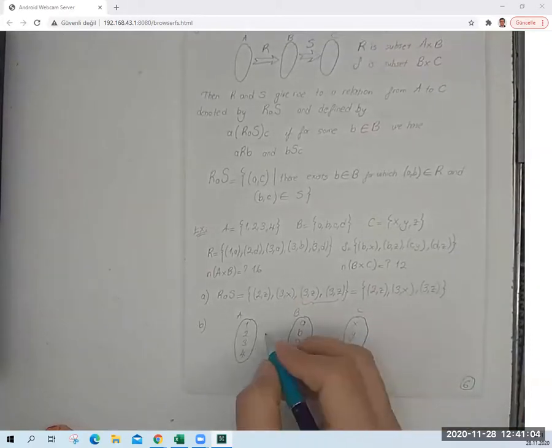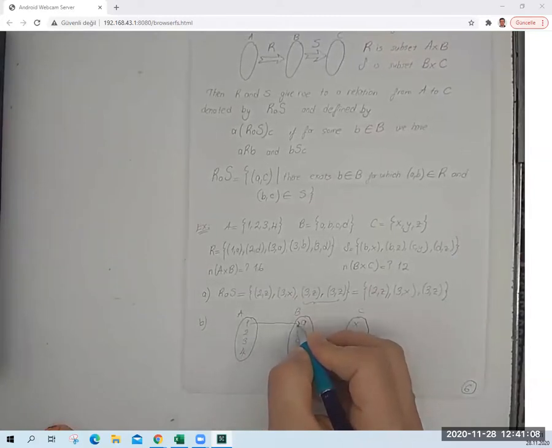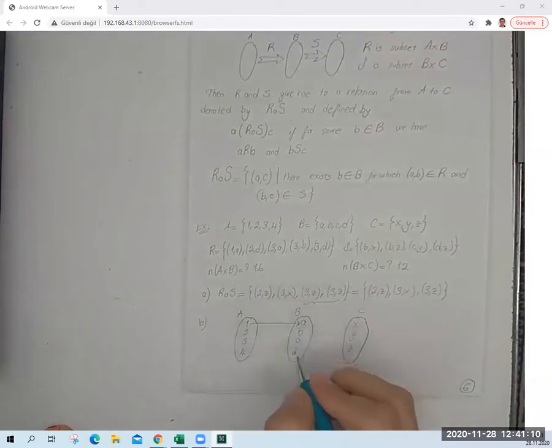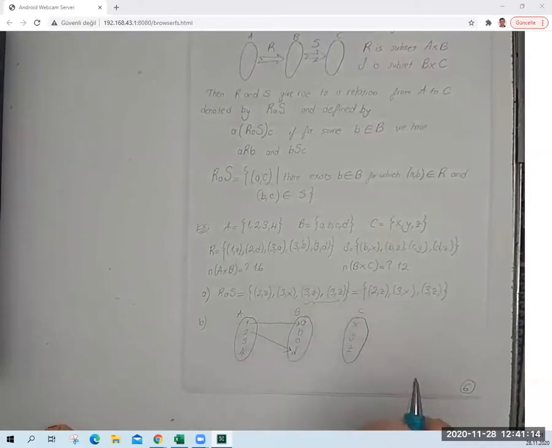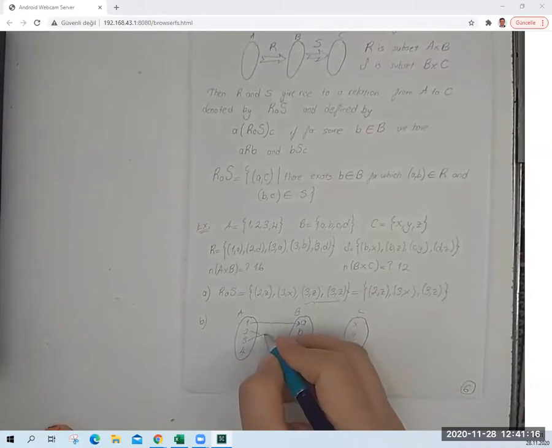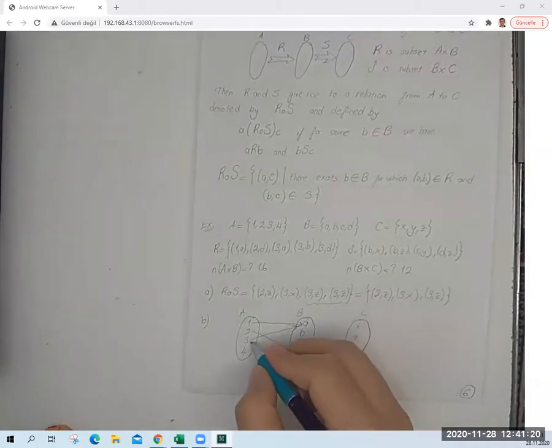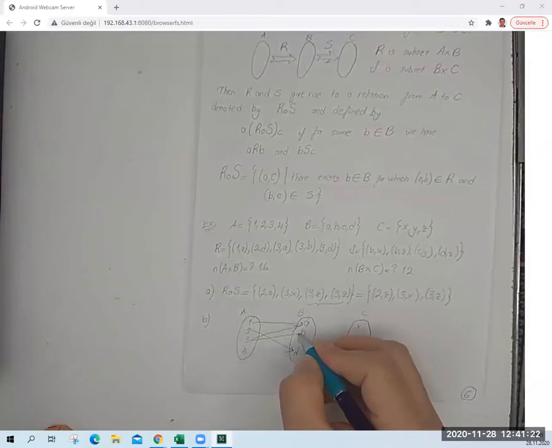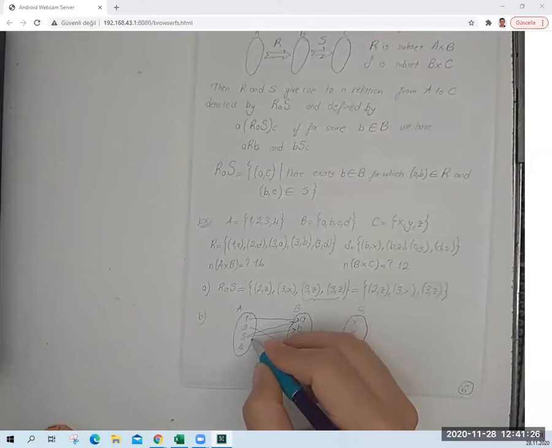Now 1 goes to A, 2 to D, and 3A, 3B, and 3D.